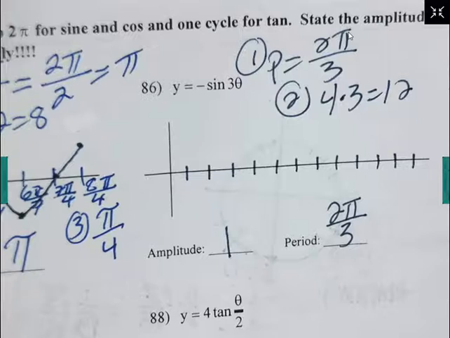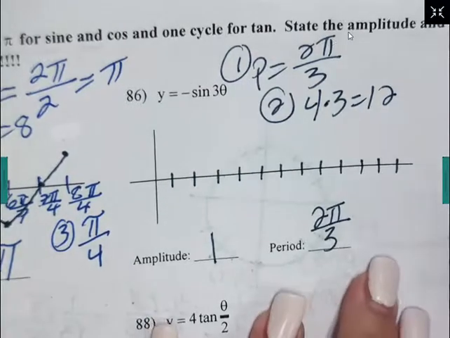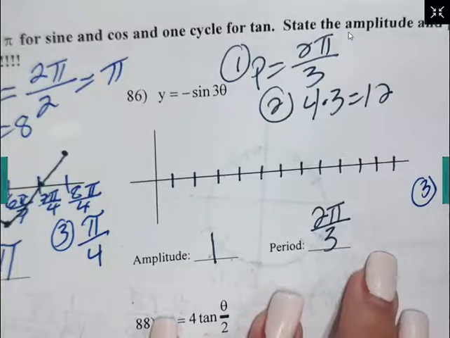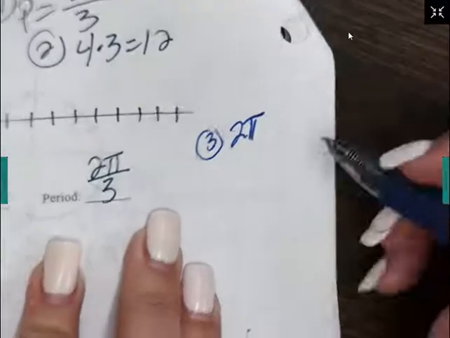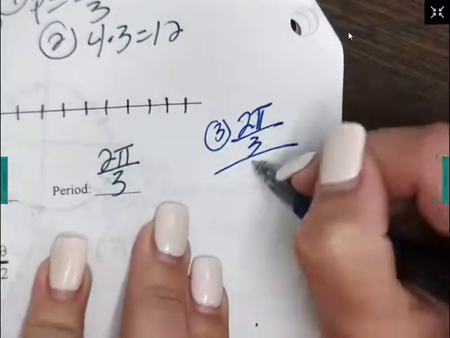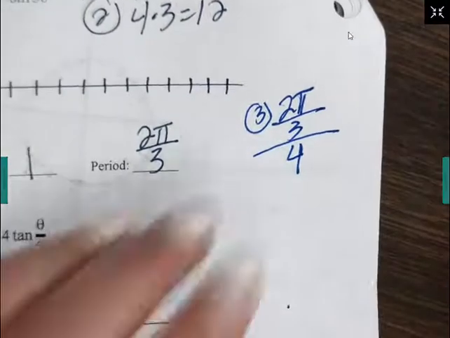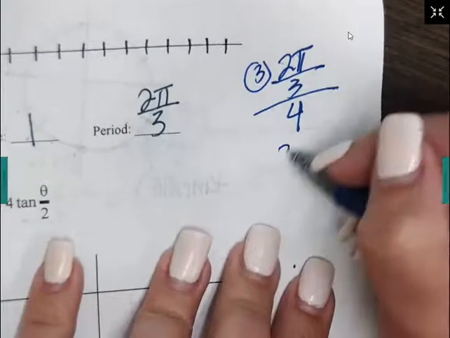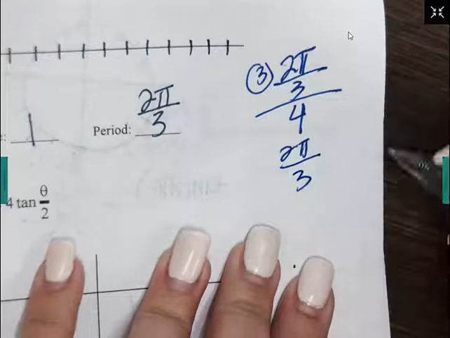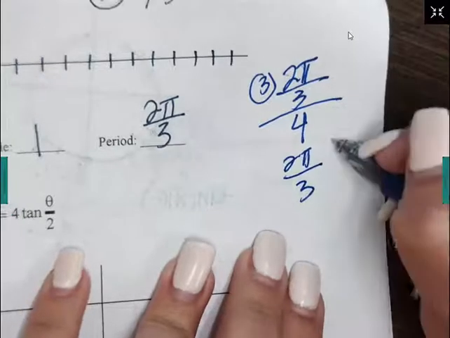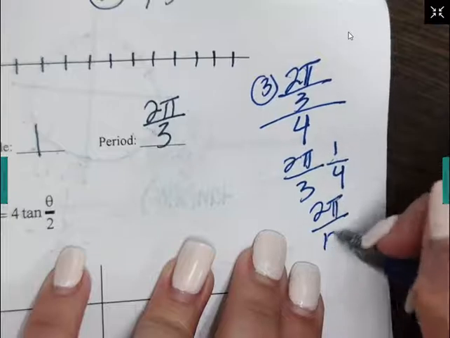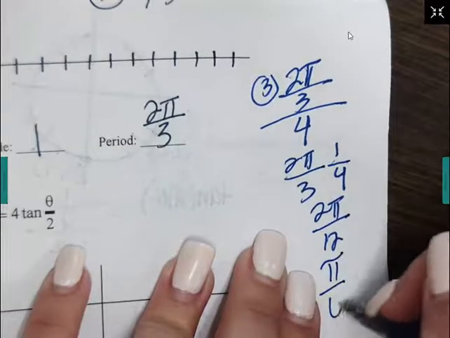To determine how long each of these 12 sections are, we are going to take our period, which is 2 pi over 3, and divide it by 4, right? Which just means we're going to multiply by the reciprocal, so that would be 2 pi over 3 times 1 over 4, which is 2 pi over 12, and that simplifies to pi over 6.